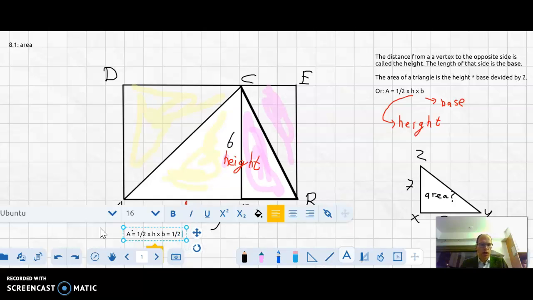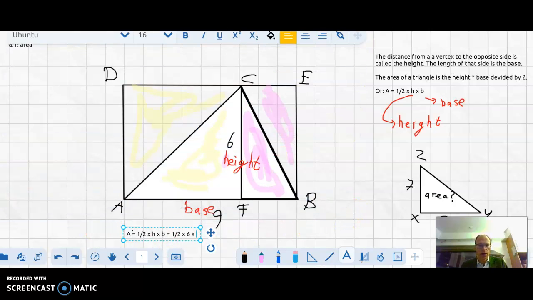Half, of course, stays half. The height in this case is 6. The base in this case is, what was it again? 9. What is this? Oh, trusty calculator, please show me the answer. It is 27. You had it correct, of course.